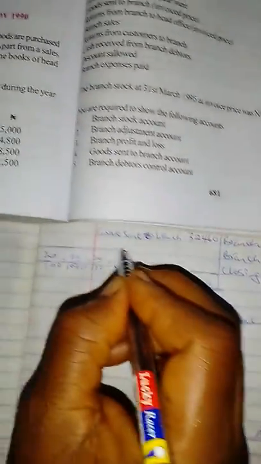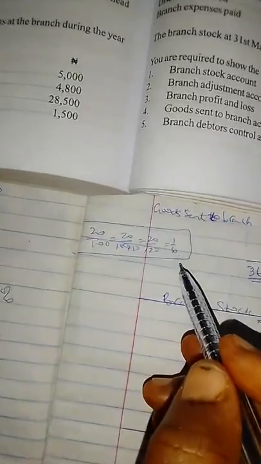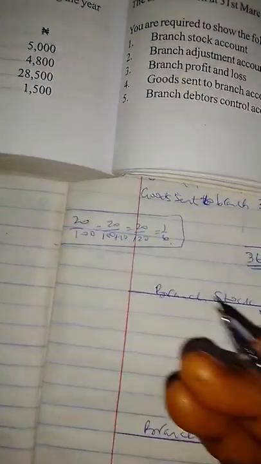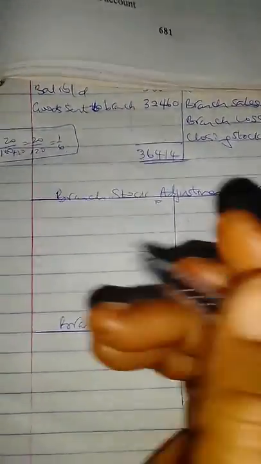So this 1 over 6 is the profit element. We shall divide the figure by 1 over 6 to remove the profit element, because this is the profit that should be in the adjustment account. Now, starting from goods returns.